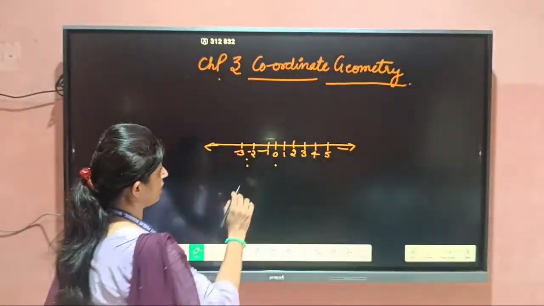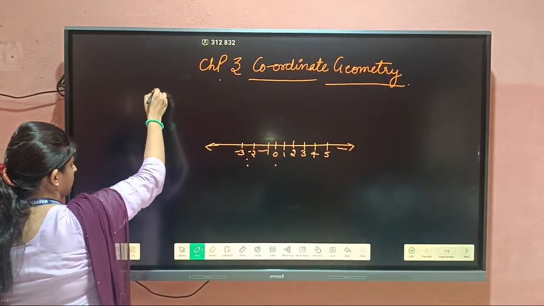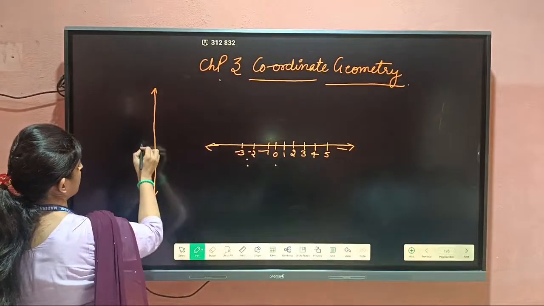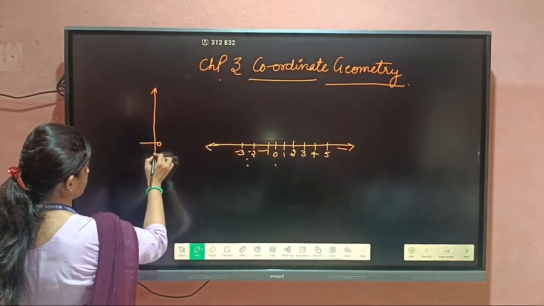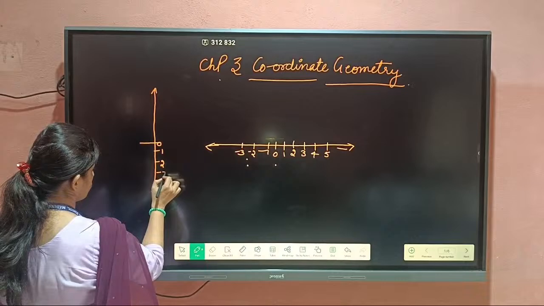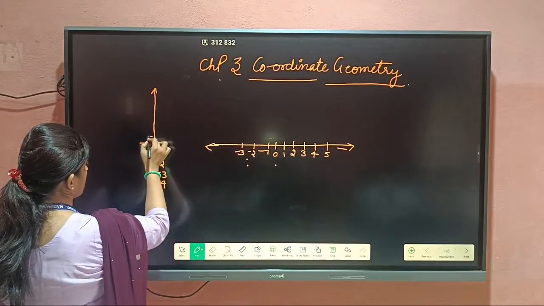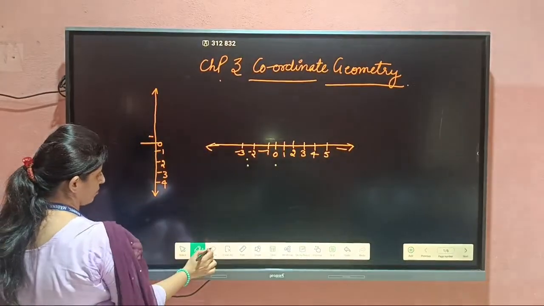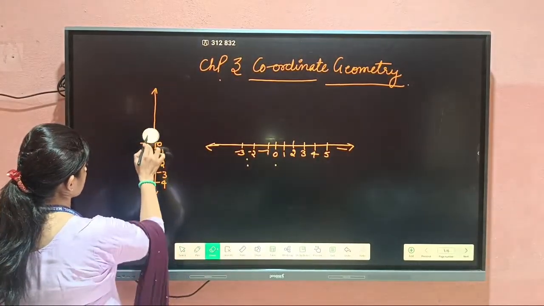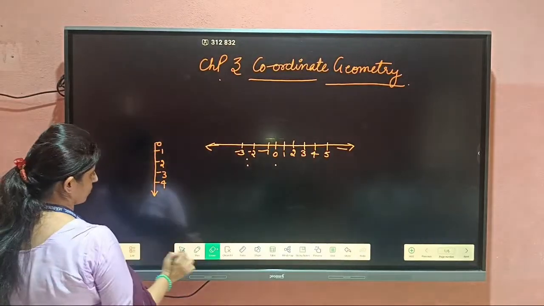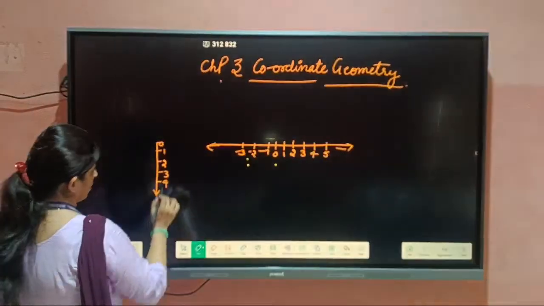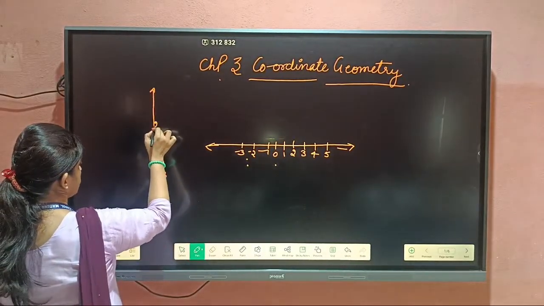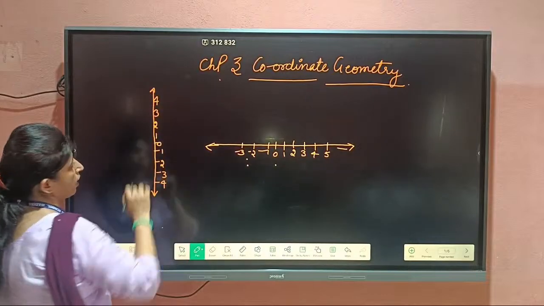In the same way, we can take it like this also. Suppose this is 0, 1, 2, 3, 4. Sorry, minus. These are negative. These are positive. I am writing positive on this side: 1, 2, 3, 4, like this.